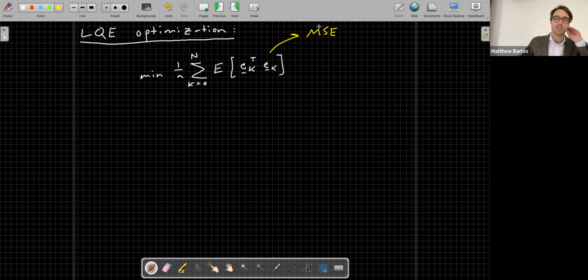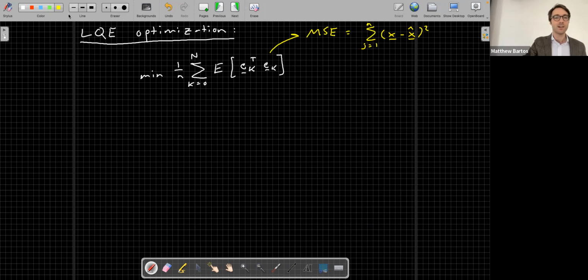So this is equal to the sum of x minus x hat squared, essentially, where j equals 1 through n for the dimension of x. So this is the mean squared error.